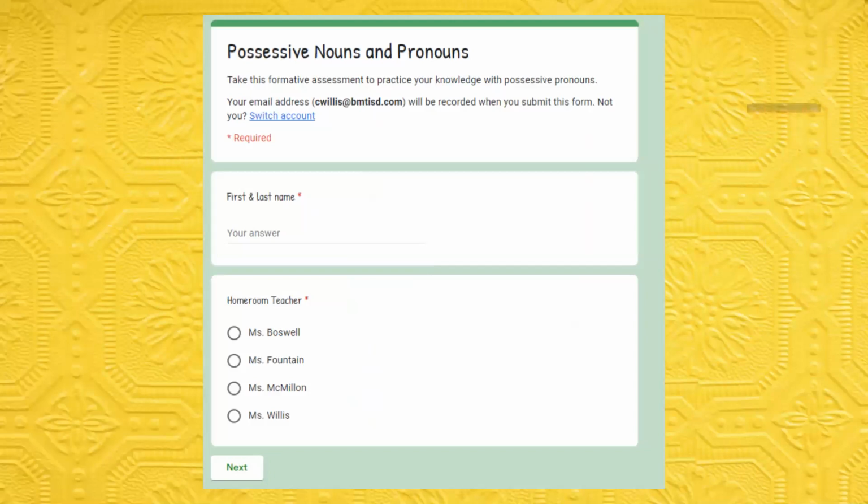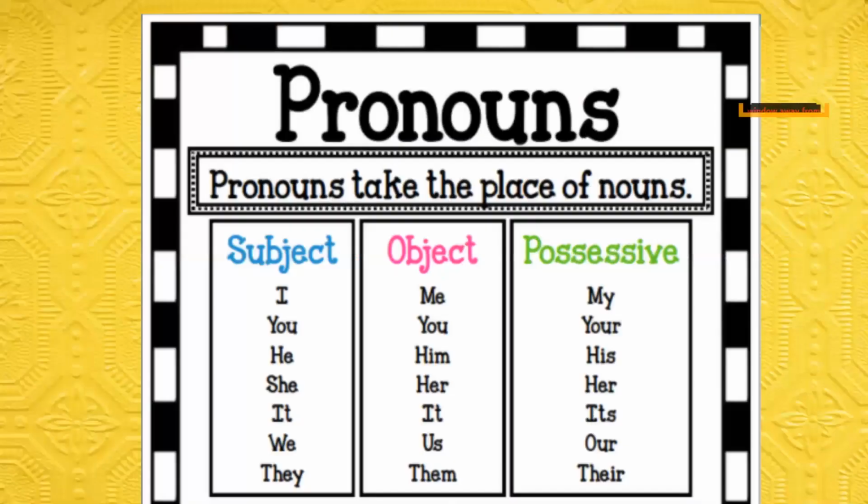So obviously, you need to put your name and your homeroom teacher, and then let's look at pronouns. These are pronouns. So pronouns take the place of a noun. You have I, you, he, she, it, we, they, me, you, him, her, it, us, them.